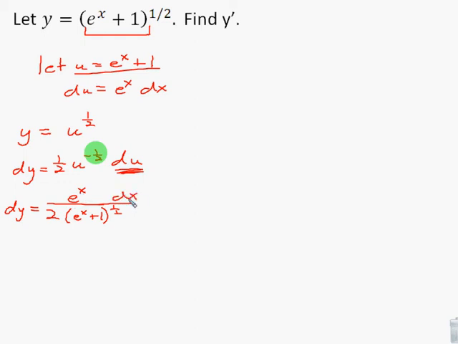Then dividing both sides by dx, we'll get dy/dx. Now the form they asked for here was y prime, so that's equal to e to the x over 2 times e to the x plus 1 to the 1/2 power. And that's our derivative there.